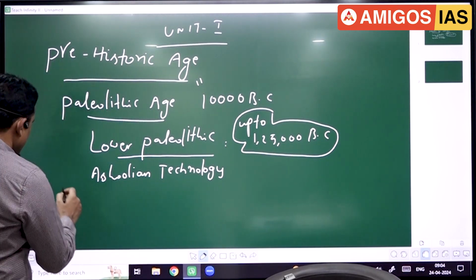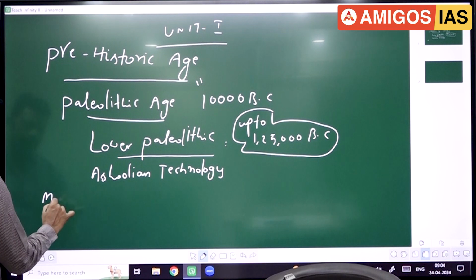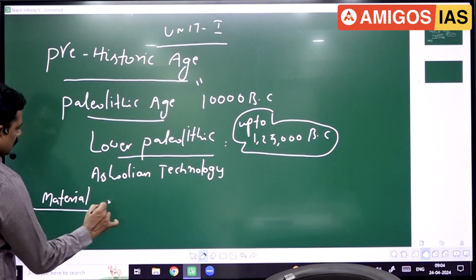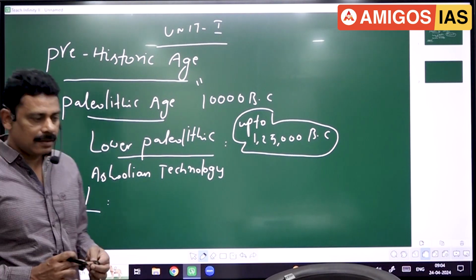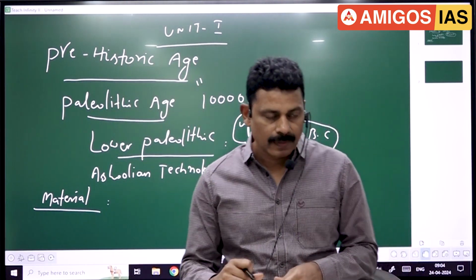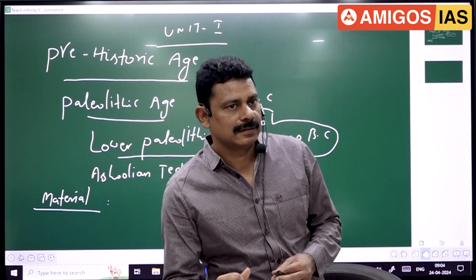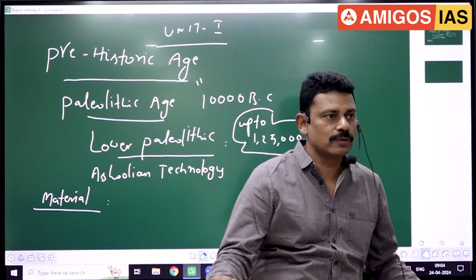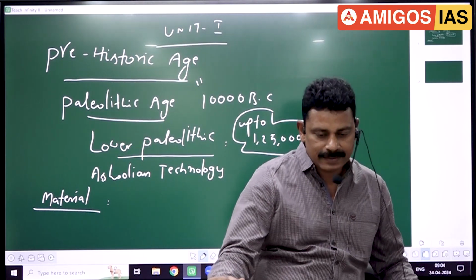And coming to the material used by the people for making the implements: quartzite, one of the major stones used by the people here.